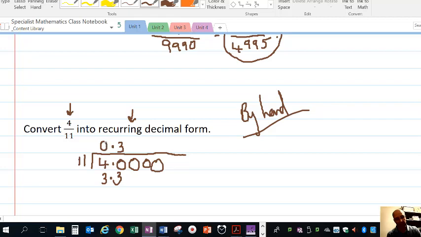We expect the quotient, of course, to be less than 1, because 4 is significantly less than 11. And we subtract, and we get 0.7. Some more placeholders.